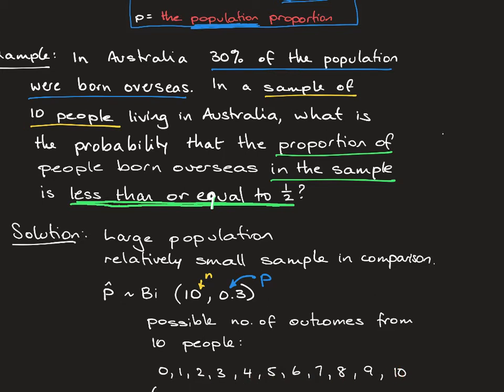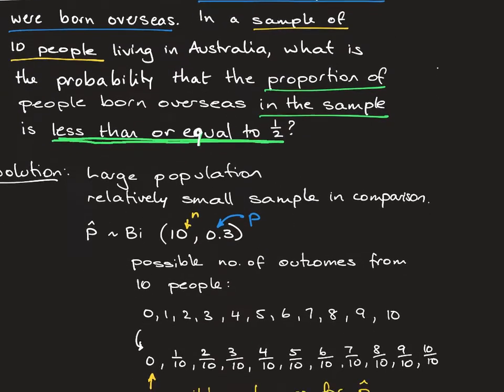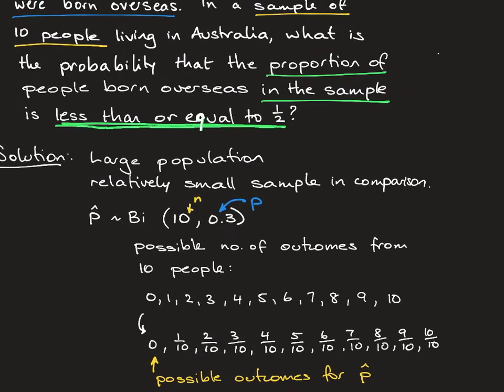So if we wanted to turn these outcomes into proportions of the sample, then we divide all of the values by 10, and then these values here become our possible values for p hat.